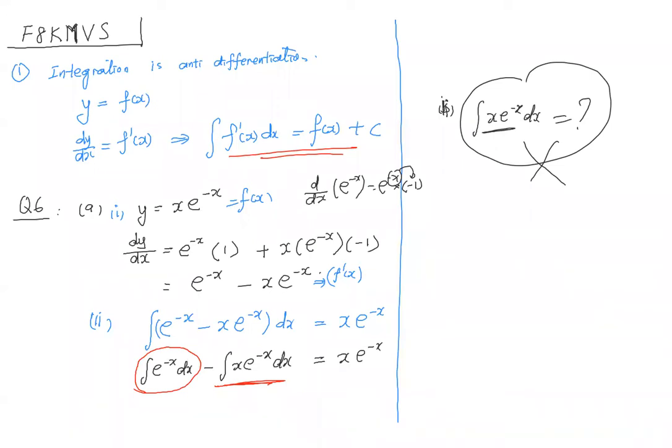Still remember all the basic rules for integration? So you have to know that. Afterward, I will go through one by one with you. So the basic integration rule: you integrate e^x, you also get the same. This is e to the power of negative x, then the answer is divided by -1. So take away, integrate x e^(-x) dx.